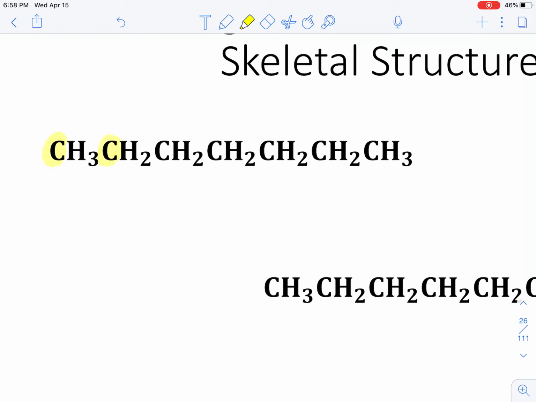So 1, 2, 3, 4, 5, 6, 7 carbons. And I don't see any double bonds, because remember in the condensed structure, you have to show double and you have to show triple bonds. And so if it's not shown, then everything is a single bond. And so I know that I'm going to be using my ane ending. And since I have 7 carbons, that invites me to think of the prefix hept. And so you put them together and you get heptane.